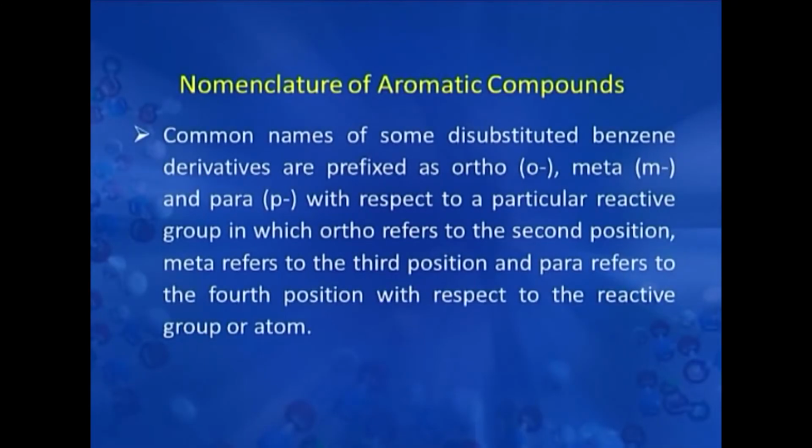Now, the common names of some disubstituted benzene derivatives are also preferred, and we use prefixes like ortho, meta, para with respect to a particular reactive group, in which ortho refers to the second position, meta refers to the third position, and para refers to the fourth position with respect to the reactive group.